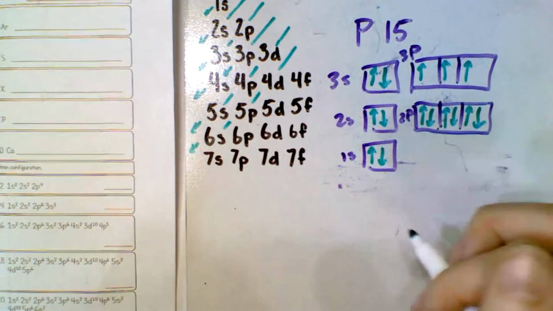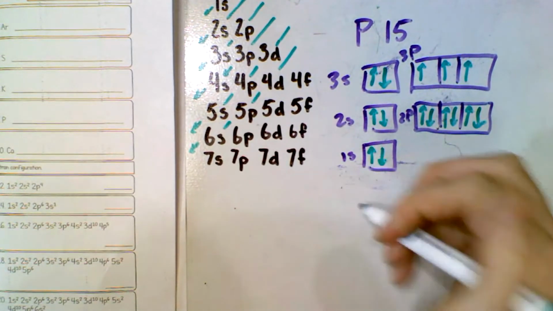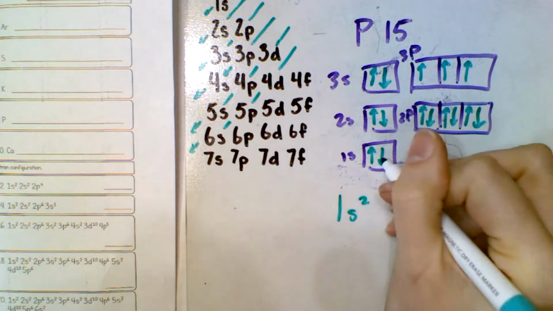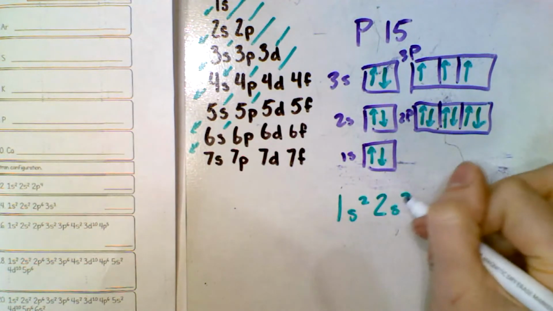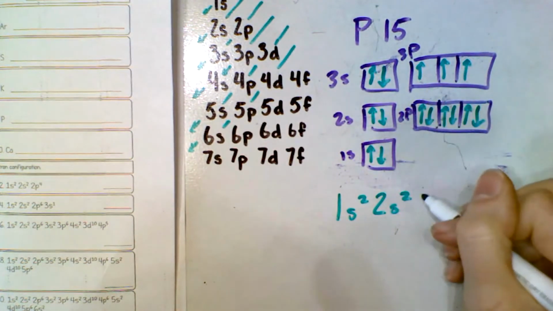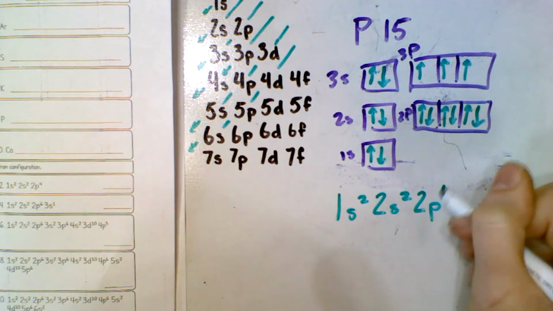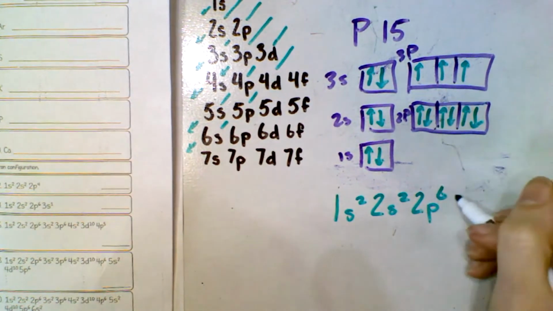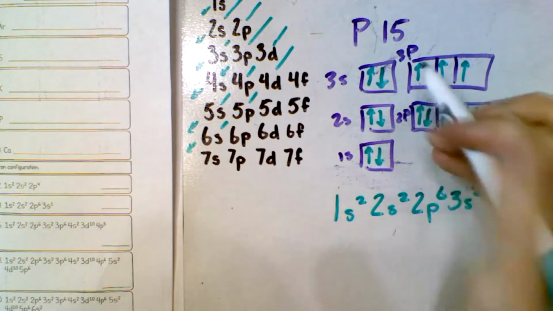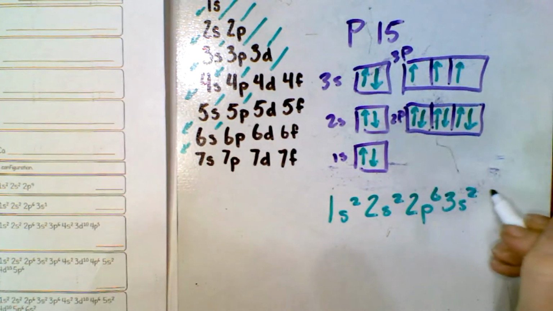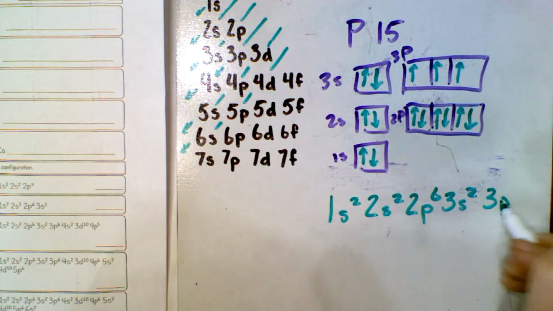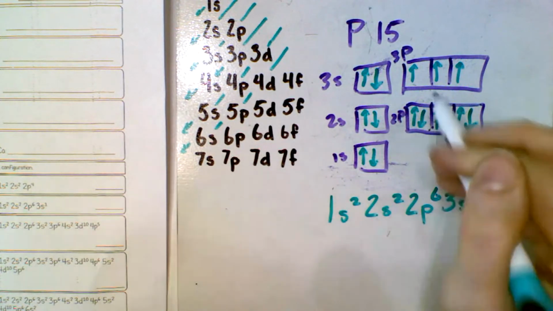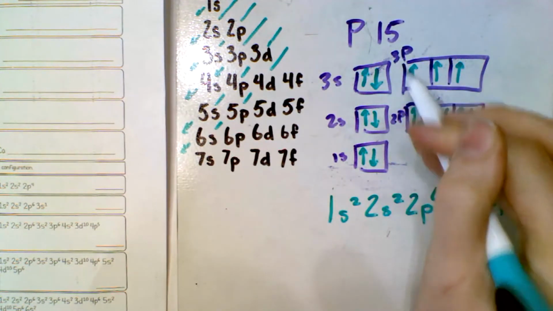And then our electron configuration would be 1s2, 2s2, 2p6, 3s2, and 3p3, because I only have 3 electrons in that 3p sublevel.